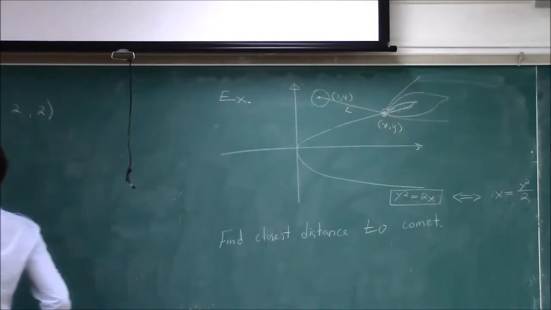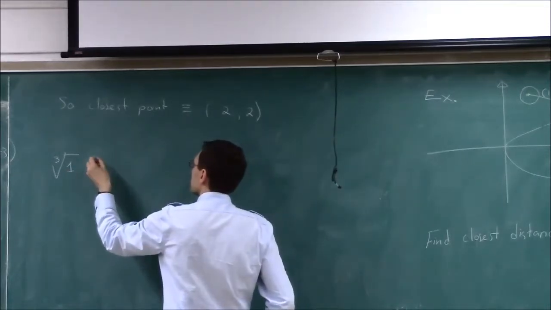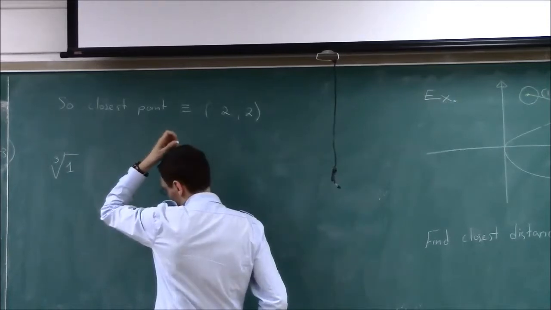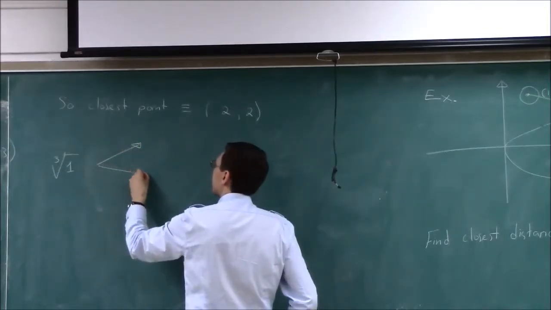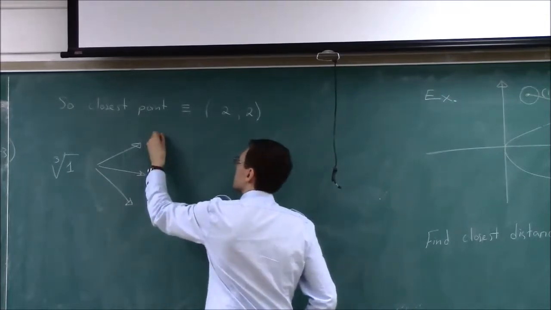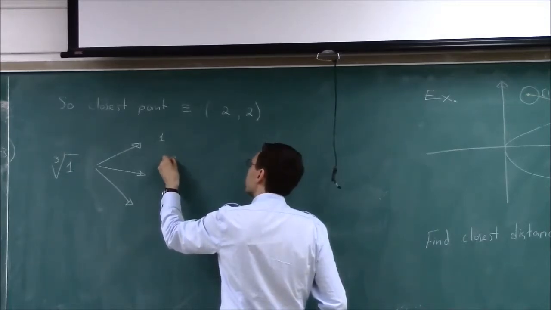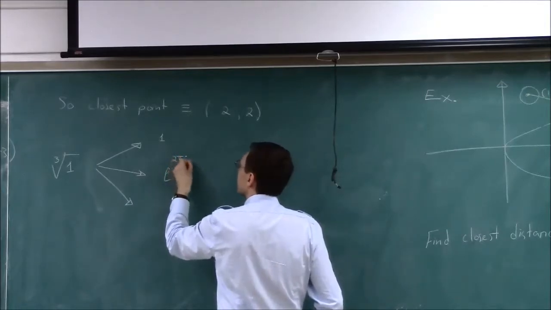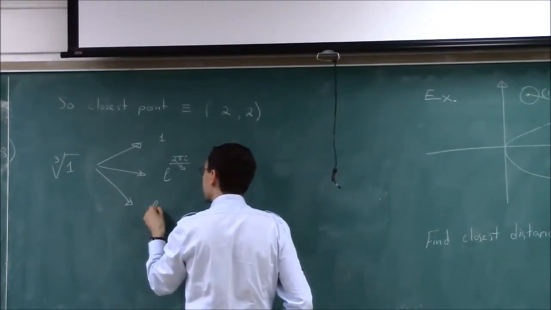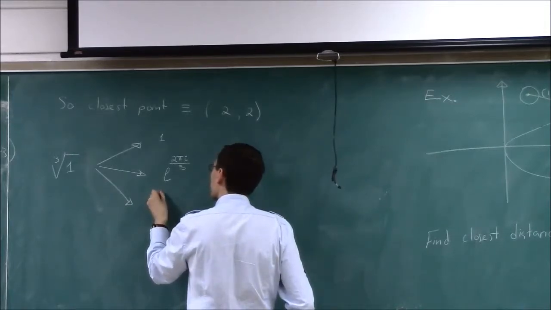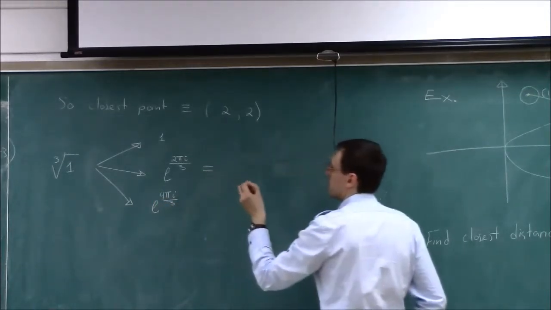So if you take the cube root of 1, it splits into 3 numbers. One of them is 1. The other number is e to the power of 2 pi i divided by 3, and the other one is e to the 4 pi i divided by 3, which, if you look at them, is connected to trigonometry.